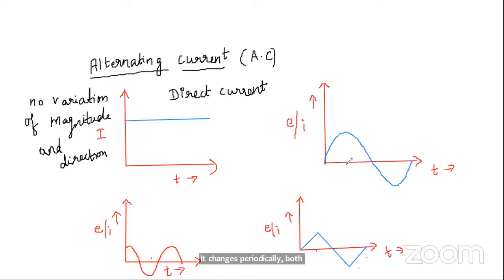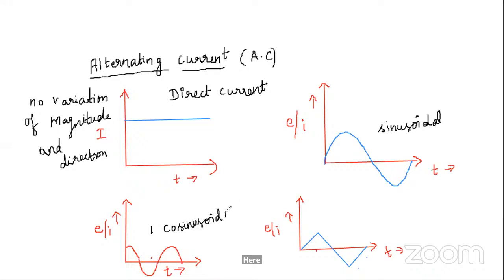Here it is actually a sinusoidal variation. This is called sinusoidal variation. Here it is co-sinusoidal.